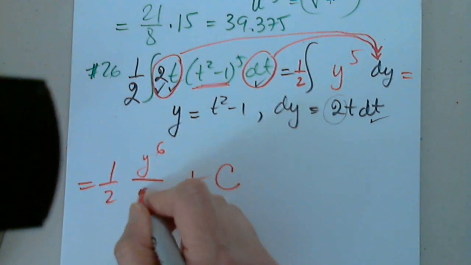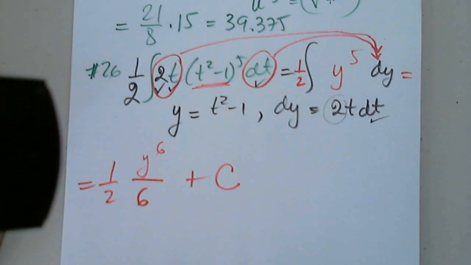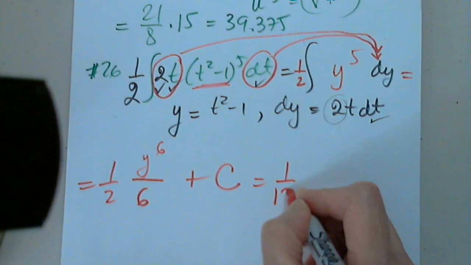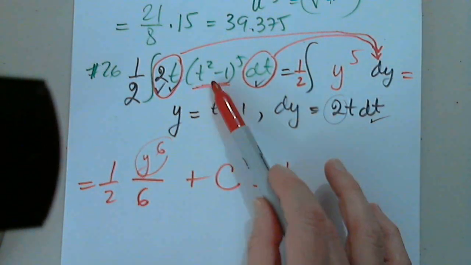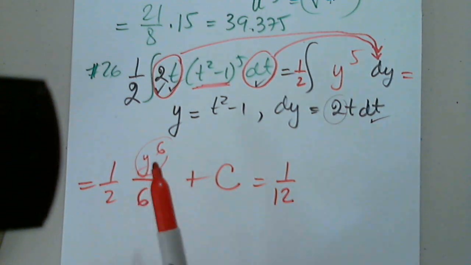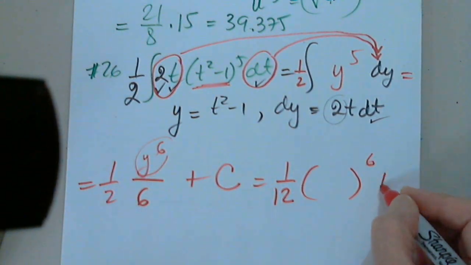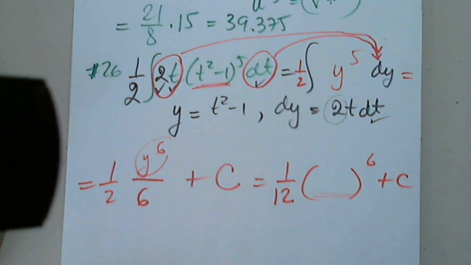Y to the 6th over 6. Is that clear? So then we have 1 over 12. Now I am forced to go back to t. This is an indefinite integral, so I am forced to go back to the original variable. T squared minus 1. That's the method of substitution.